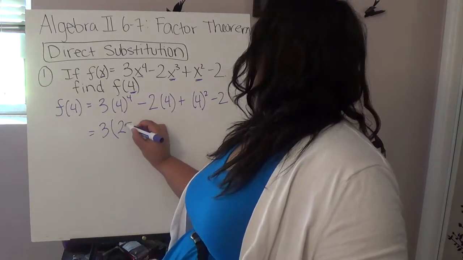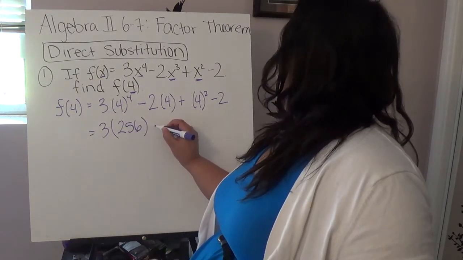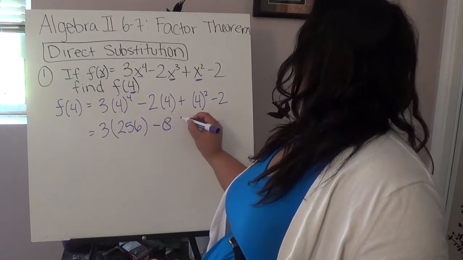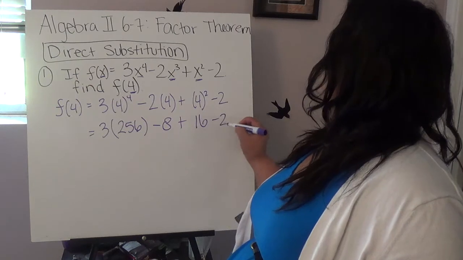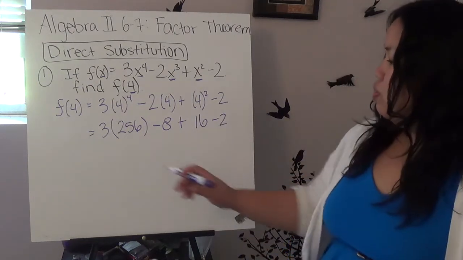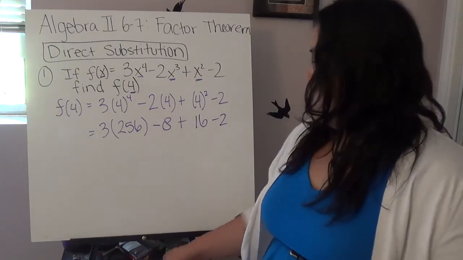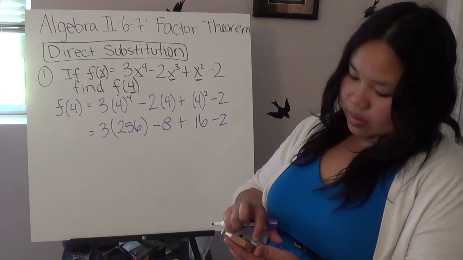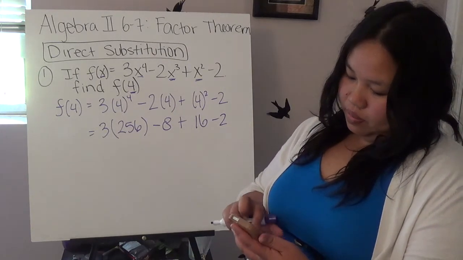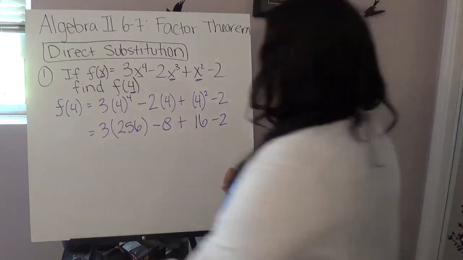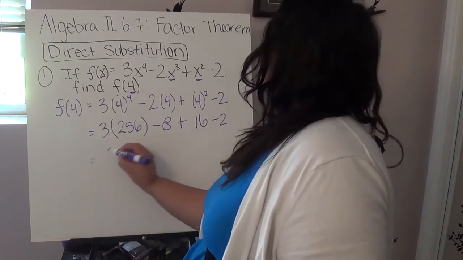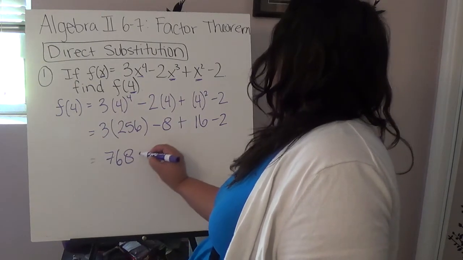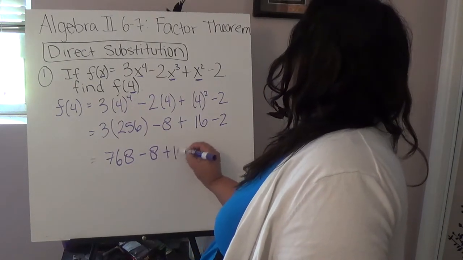This is 256 minus 8 plus 4 times 4, which is 16, minus 2. So we do the powers, and we're going to multiply these two, 3 times 256, 768. So this equals 768 minus 8 plus 16 minus 2.